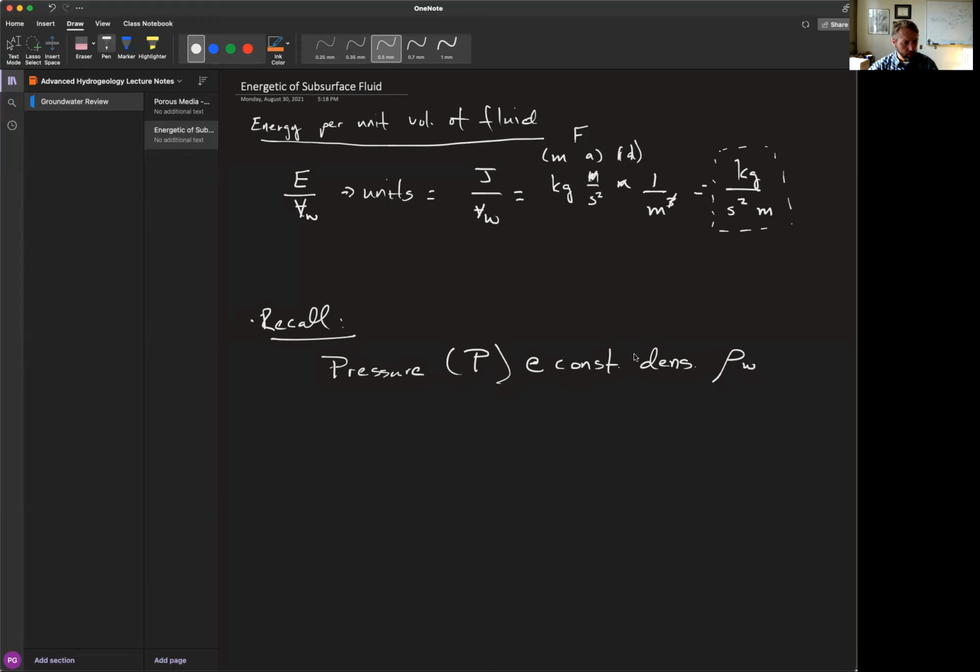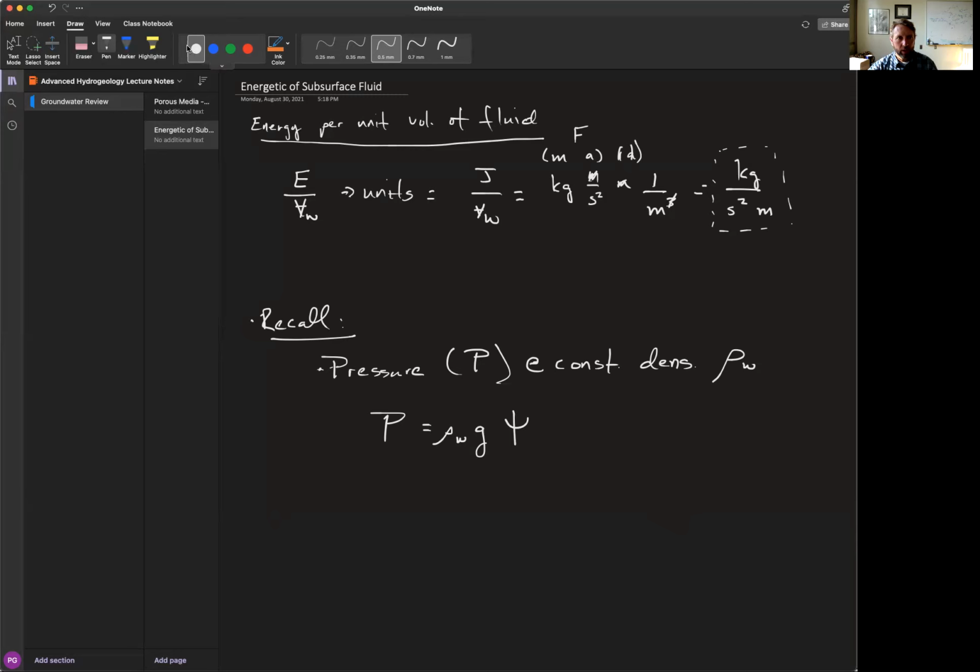All right. So if we have constant density of rho water, then the pressure is calculated as rho water g psi. And that is the pressure at some point.